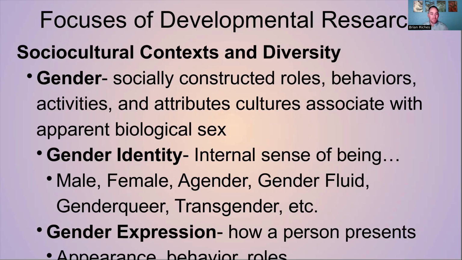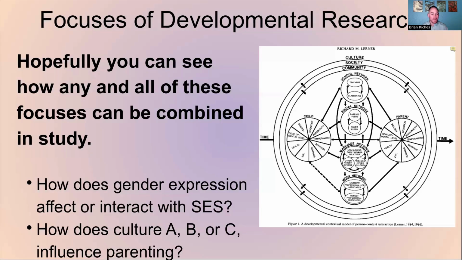That kind of thing. So hopefully you can see from these specific variables we've just mentioned how all of these can be combined and studied. So how does gender expression affect or interact with socioeconomic status? How is that different in early childhood versus adolescence versus late adulthood? So all of these are variables that developmental psychologists will look at.